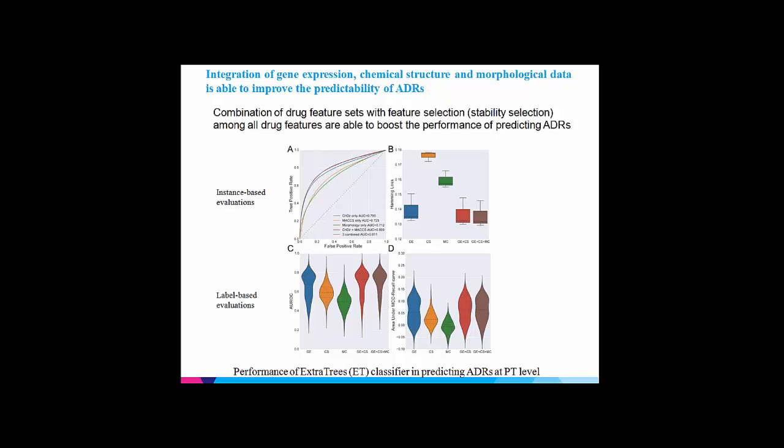And yes, I think there are many types of ADRs in the CIDR, and I didn't explicitly include or exclude any types of ADRs. I just include ADRs that have frequency larger than 10 to predict.